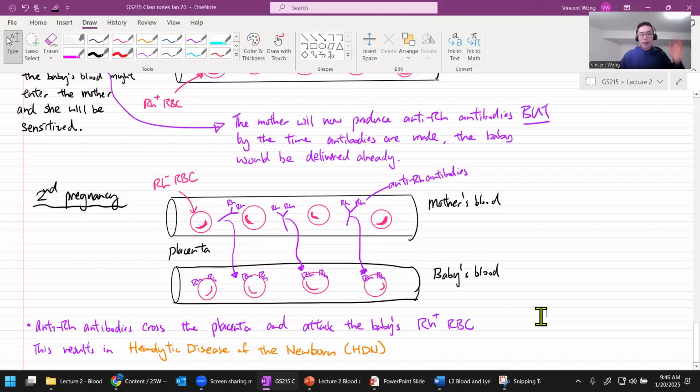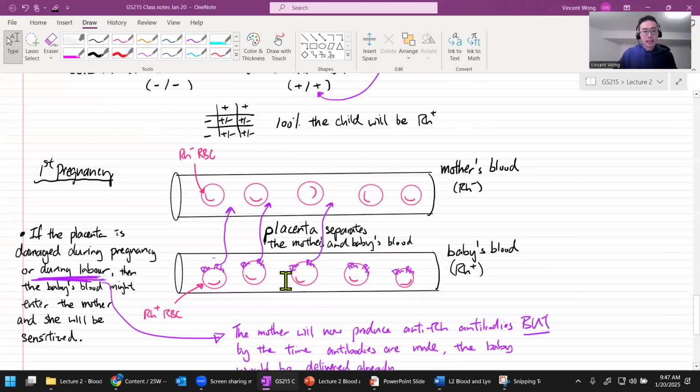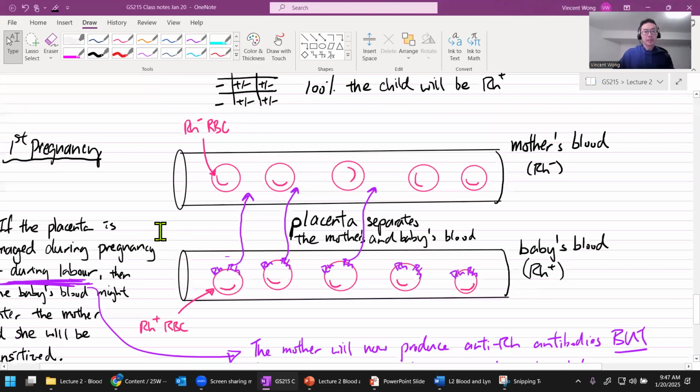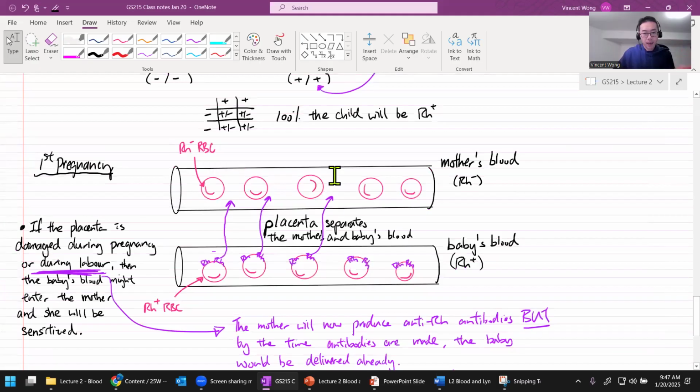Okay, so I want to go back to something I said earlier. Here, the mother does not have the antibodies because she was not previously sensitized. And I know this because my wife works in the blood department at the hospital.